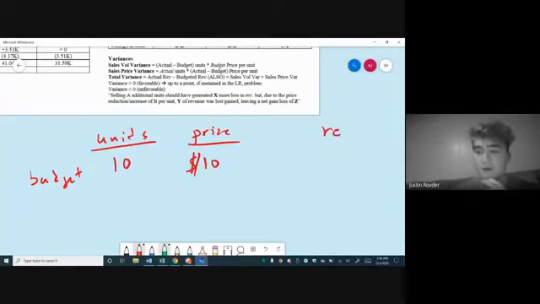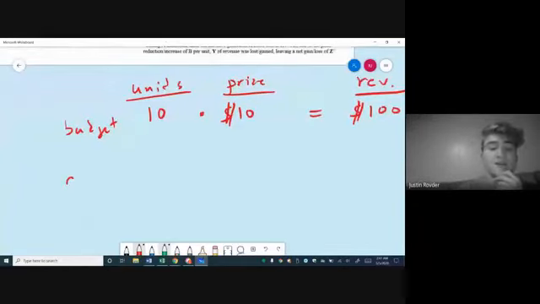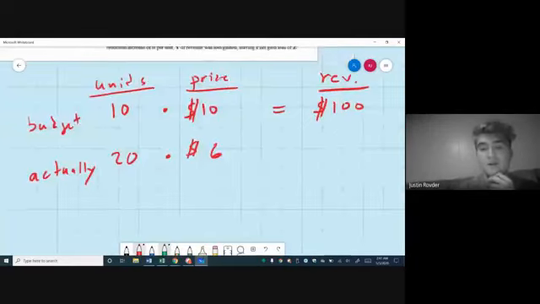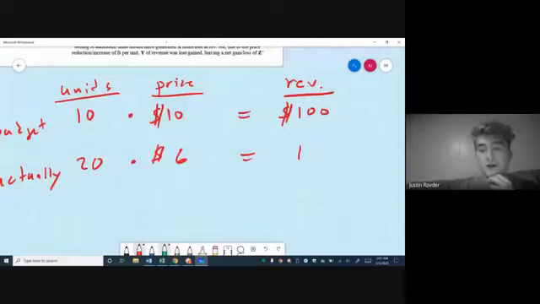Therefore, your revenue should equal $100. However, you actually sell 20 units at a price of $6 per unit. So your revenue is $120.